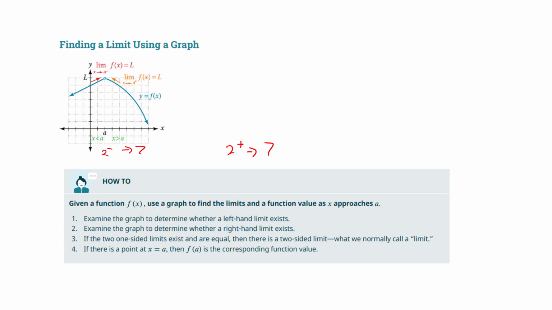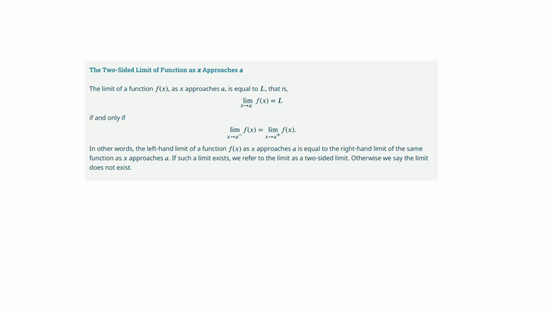Now, here's the point. You can have these one-sided limits like this, which is perfectly fine. We're saying, hey, what's happening when you're coming from the left? Hey, what's happening when you're coming from the right? And if they're both the same number, then you just have the regular limit. So here's the limit of this function.